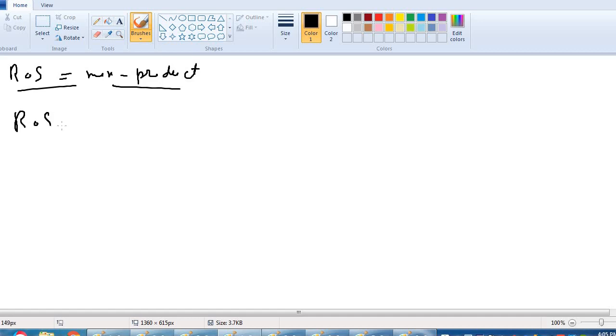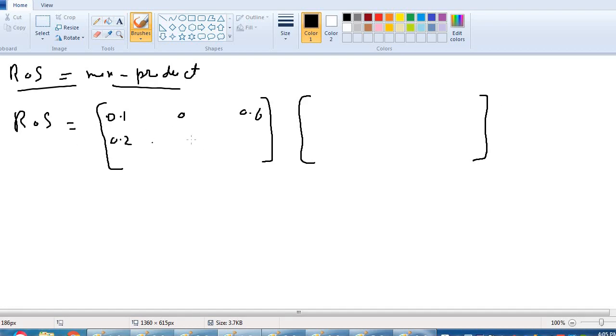For R circle S, we will first write R, then write S. R is 0.1, 0, 0.6, 0.2, 0.3, 1, 0.45, and S is 0.2, 0.5, 0, then 0.9, 1, 0.3, 1, 0.5, and 0.4.